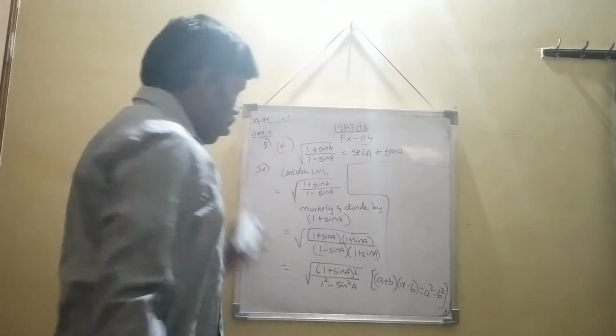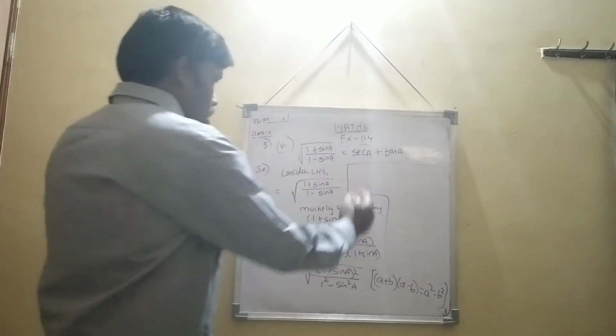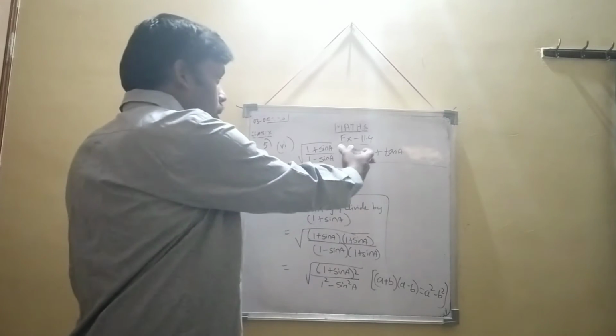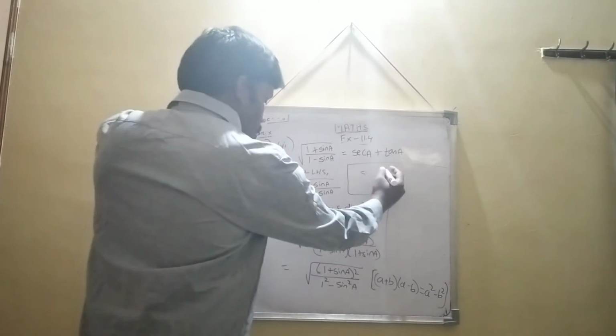Now we'll take the root separately for numerator and denominator. Remember the second last step should be 1 by cos A plus sine A by cos A, so that is what we have to get.